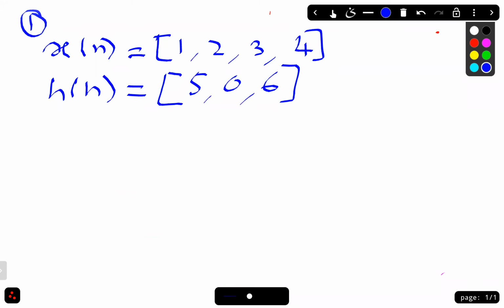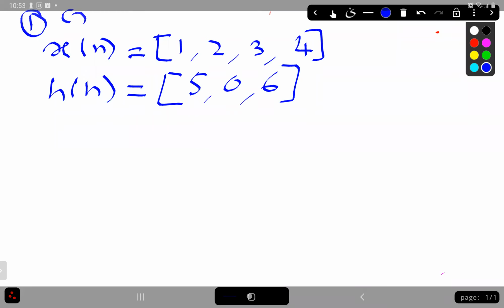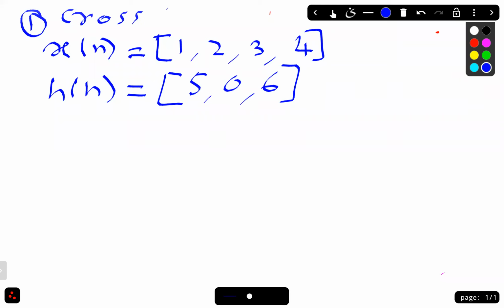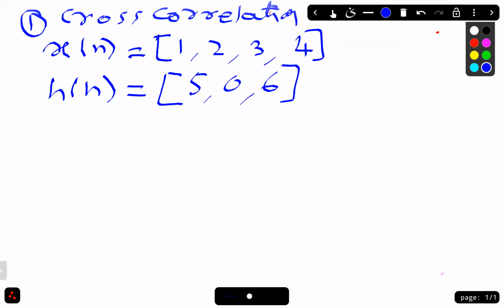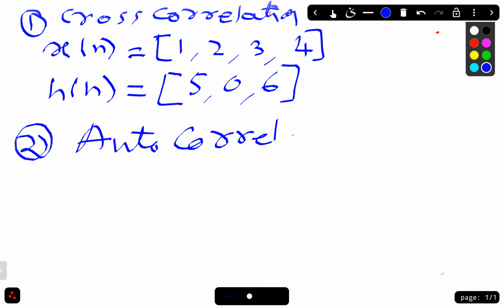And take the next question. So this is for cross correlation. You have to find a cross correlation. Next, second one is, compute autocorrelation of the sequence. Autocorrelation of the sequence.